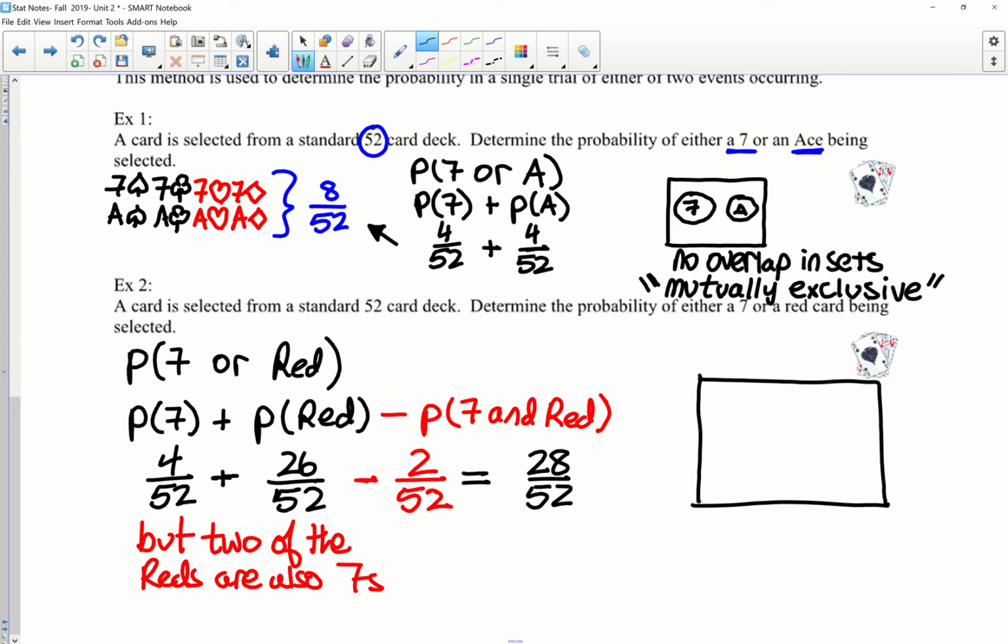All right. In the form of a Venn diagram, what this means, I think it's kind of obvious by now, is you would have a set of red cards, and you'd have a set of sevens, and then you'd have some overlap between the two. So I'll just shade it in here. That set is the red sevens.